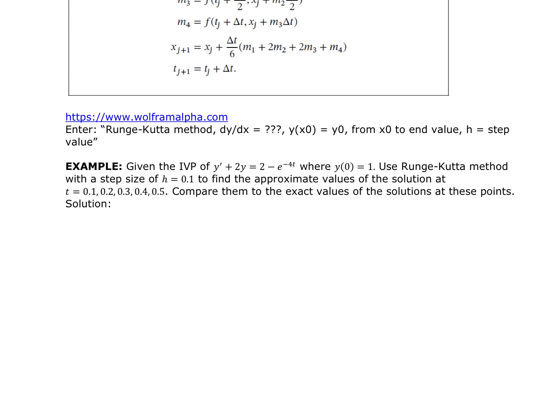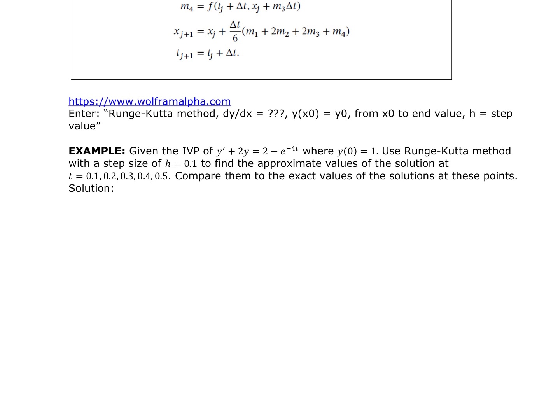I like to use Wolfram Alpha, especially if you want to find the exact values compared to the numerical. Wolfram Alpha will give you that. Not all the calculators will give you that. And that's pretty much it for this section.